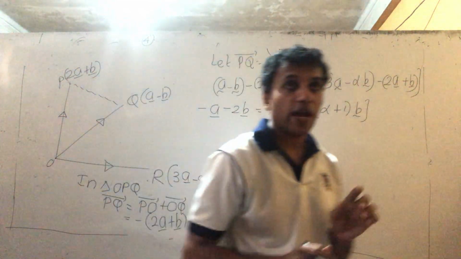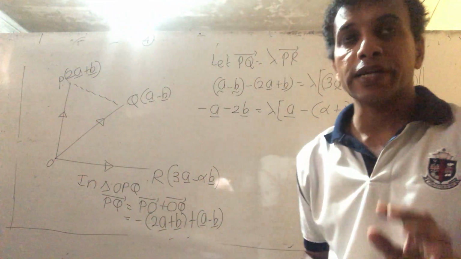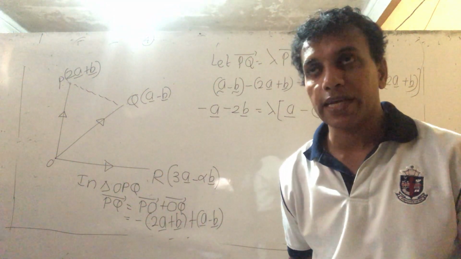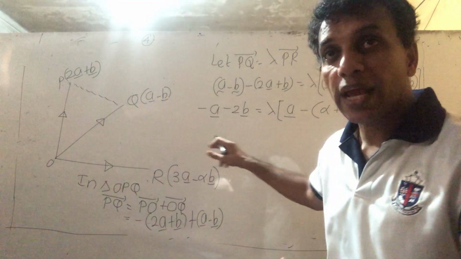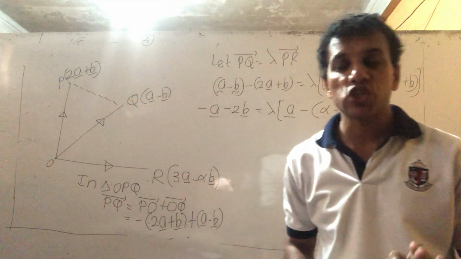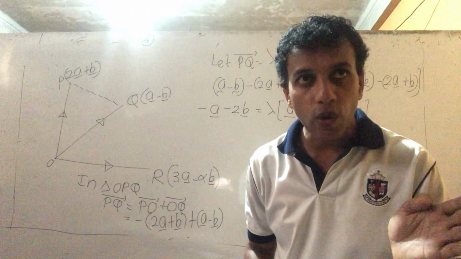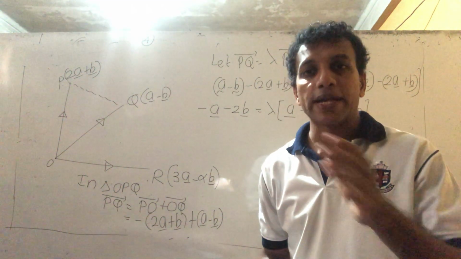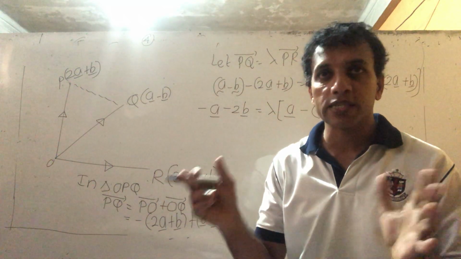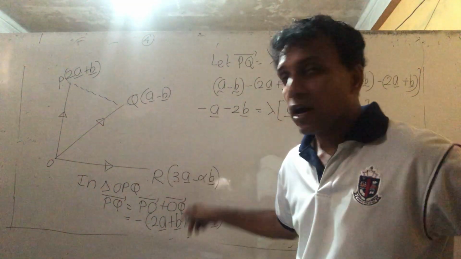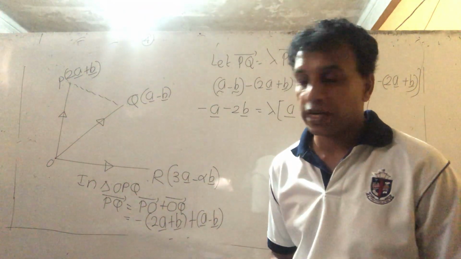Now they say vector A and vector B are non-zero, non-parallel vectors. In such a case, in a vector equation like this, both side coefficients are equal. So if we equate the coefficient of vector A on both sides, and also vector B on both sides, you can get the answer for lambda. Once you know lambda, you can get alpha or whatever they ask.